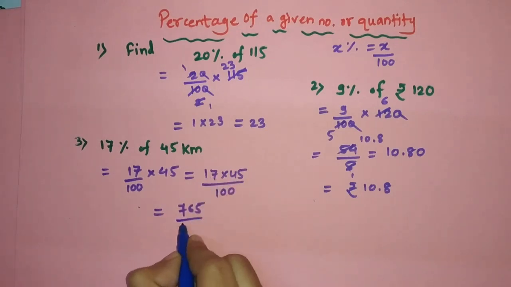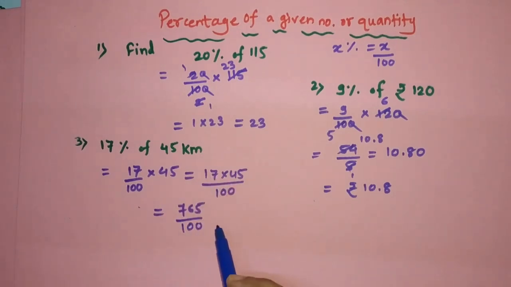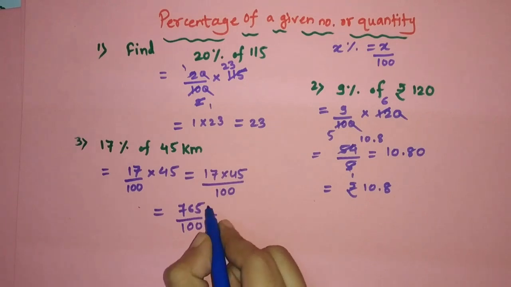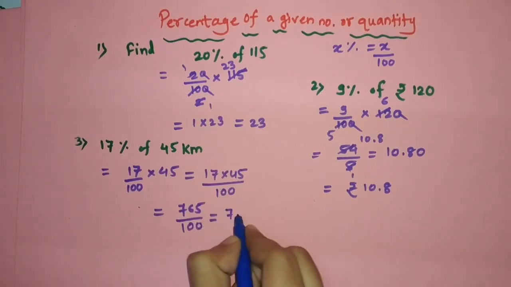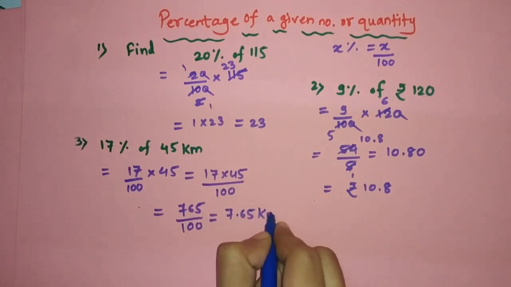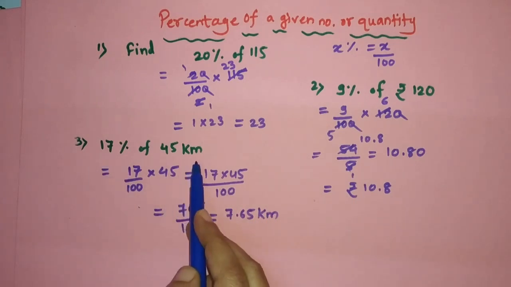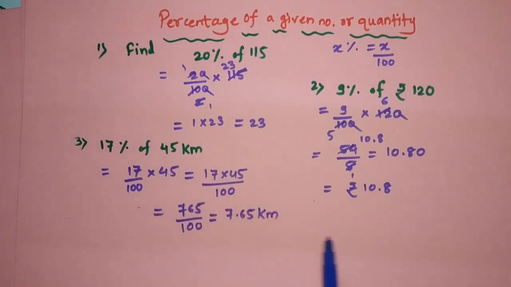So 765 upon 100. Now we know that in decimal division, removing the 100 from the denominator means you can give the decimal place. So you can write 7.65 kilometer. That means 17% of 45 kilometer is 7.65 kilometer.